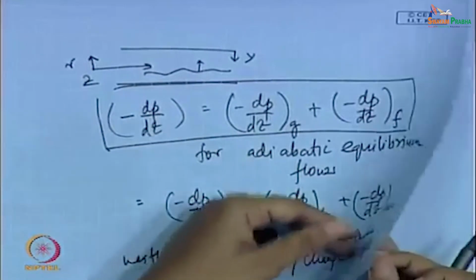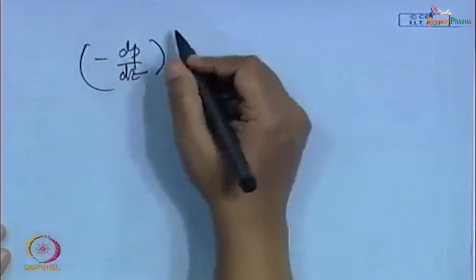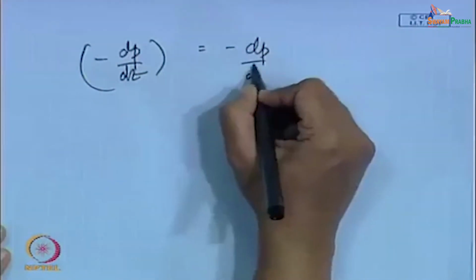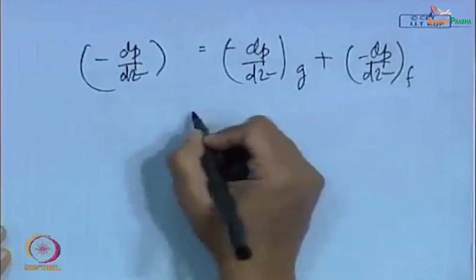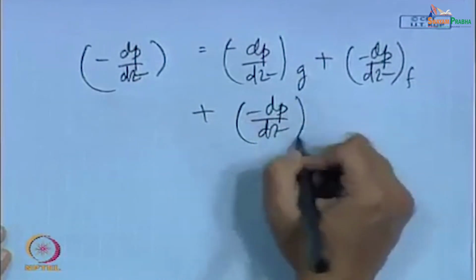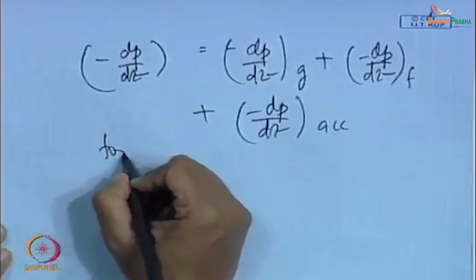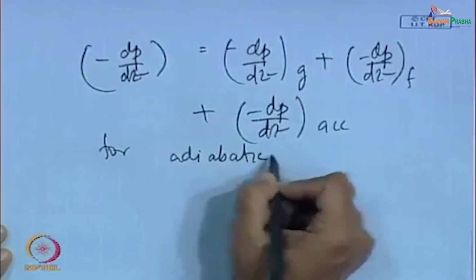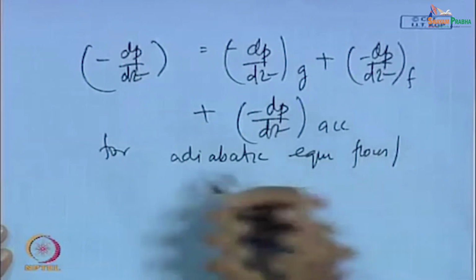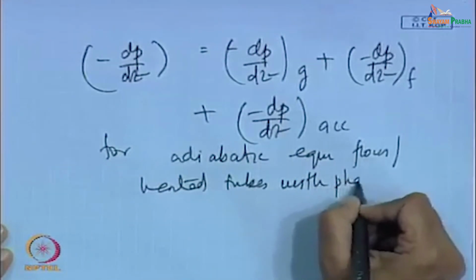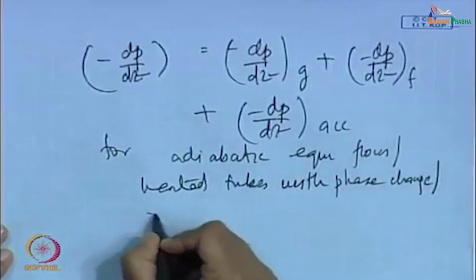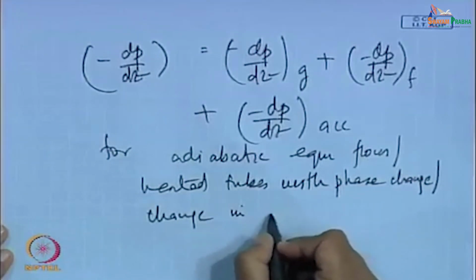And for two phase flow, whether it is adiabatic equilibrium or whether it is accompanied by heat transfer, the expression of pressure gradient always comprises the three components, for all circumstances: for adiabatic equilibrium flows, heated tubes with phase change, as well as change in conduit cross section.